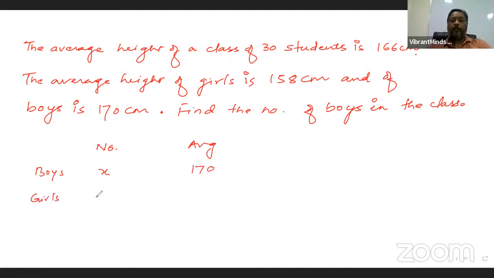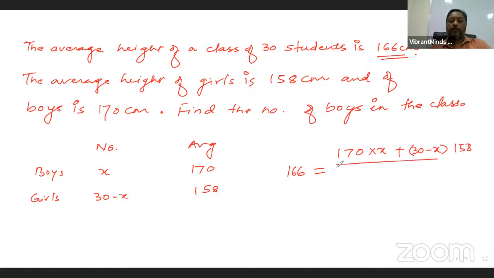Girls, I will consider 30 minus X, as the total number of students is 30, and the girls' average is 158. Overall average is 166. So I will mark 166 is equal to 170 into X plus 30 minus X into 158, divided by 30.